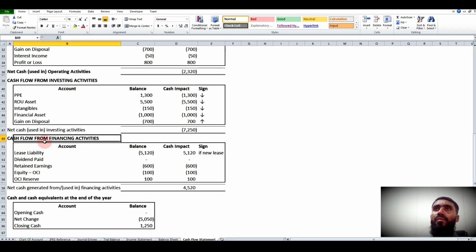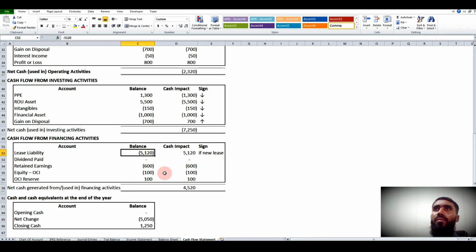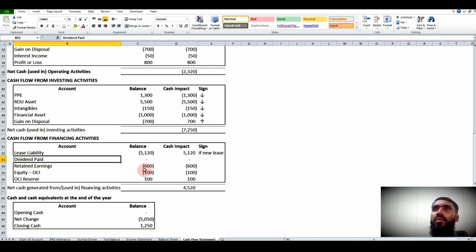Cash flow from financing activities. Lease liability 500, 5120. I assume this is a new lease, so it is increasing the value.